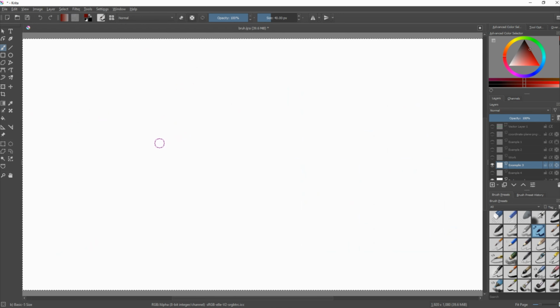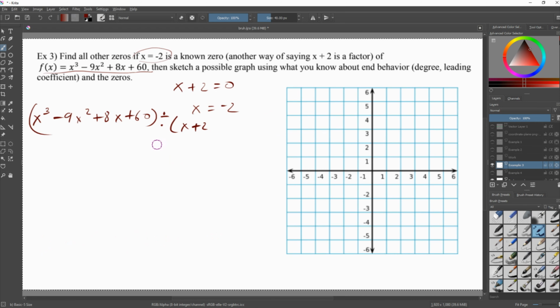I'm going to divide this. So I have the x cubed gives you 1. The x squared is negative 9. The x is 8. And the constant is 60. And here, the value that goes outside here is negative 2 because x is equal to that.